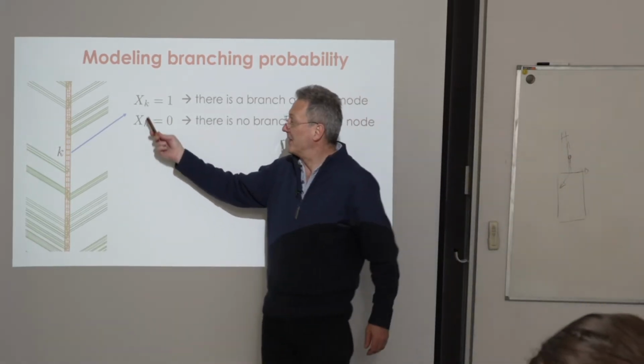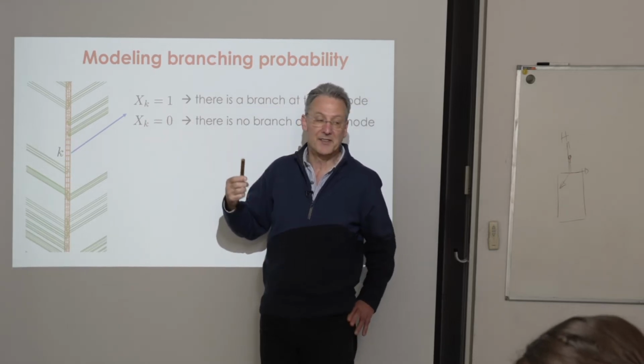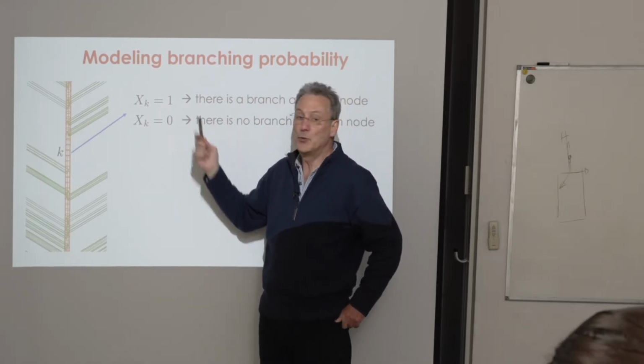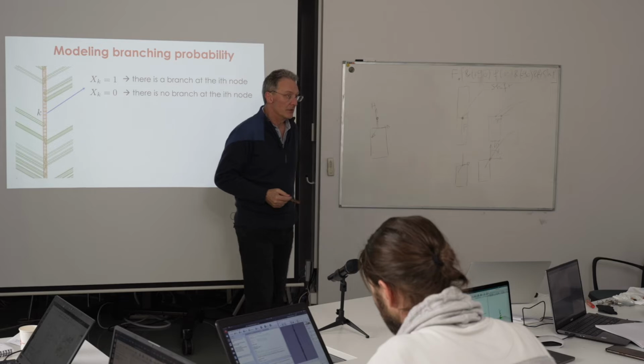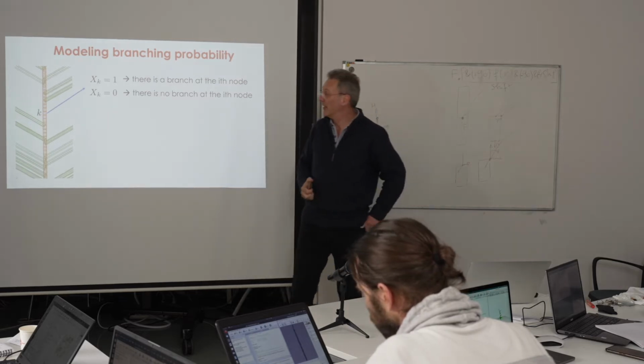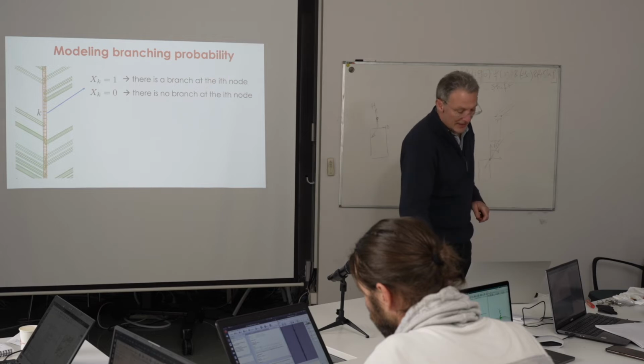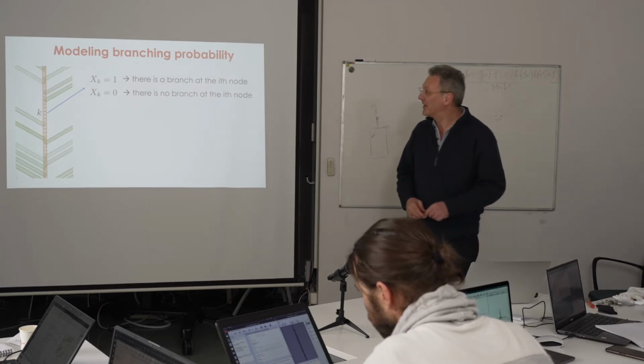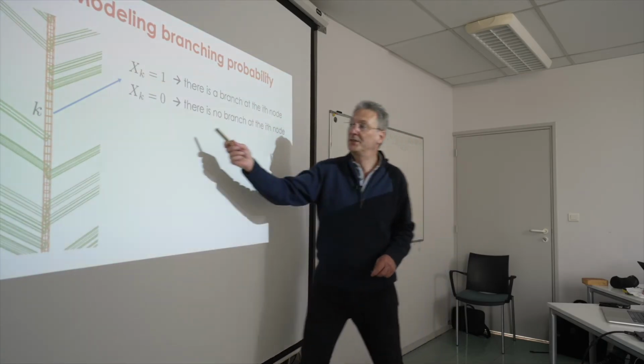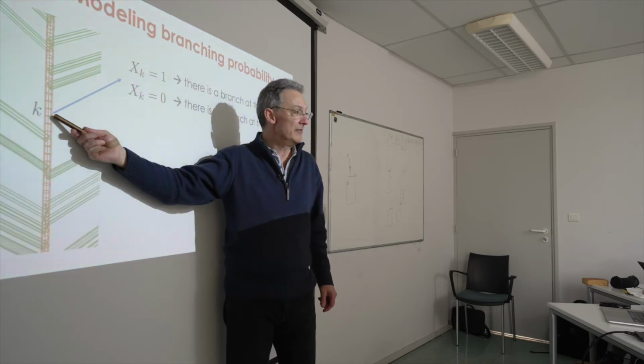There is a variable that I call xk that will take the value 1 if the node is branched, if there is something on the node, and the value 0 if this is not the case.